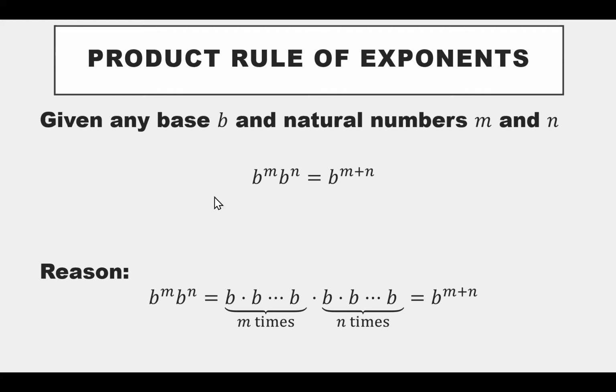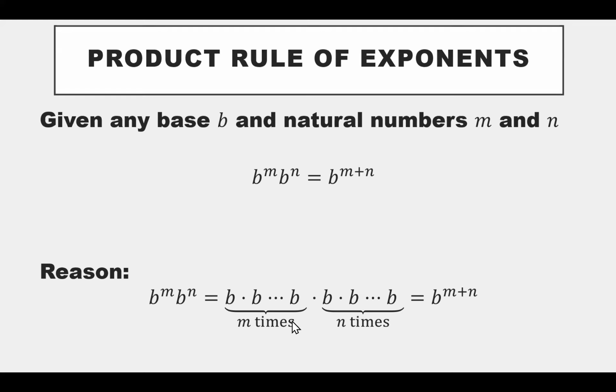Now, the reason that works is what we just saw. We have m factors of b multiplied times n factors of b. Well, m and n give you a total of m plus n factors of b. So that is b raised to the m plus n power.